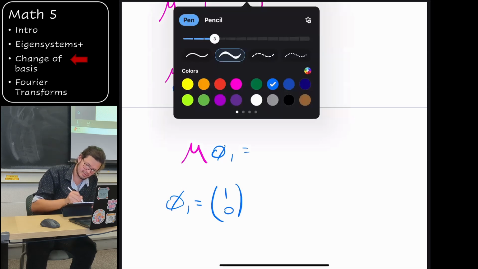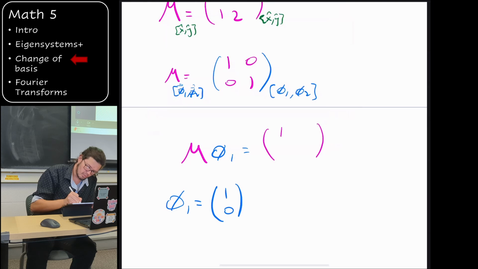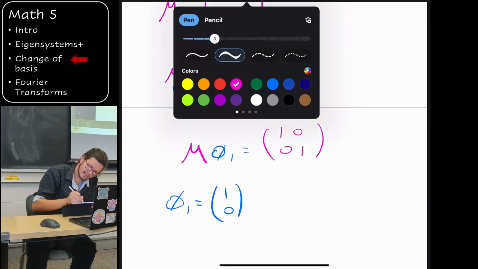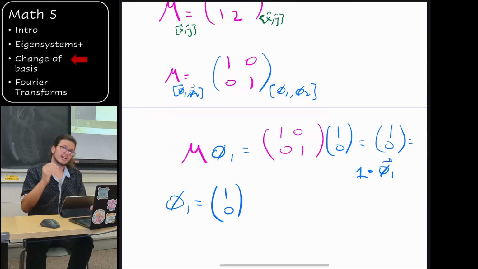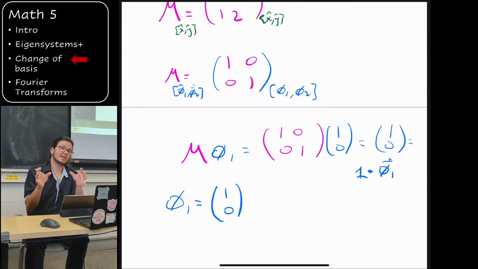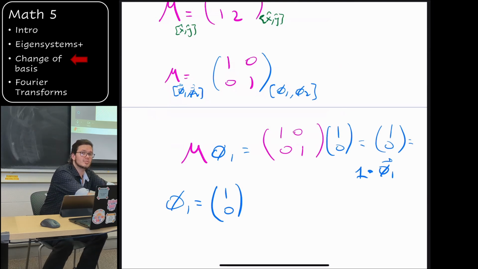This means the matrix that will be 1, 0, 0, 1 acting on the vector 1, 0, this is going to be equal to 1, 0, which is equal to 1 times phi 1. Are we happy that the action of M on phi 1 is just to multiply it by 1?